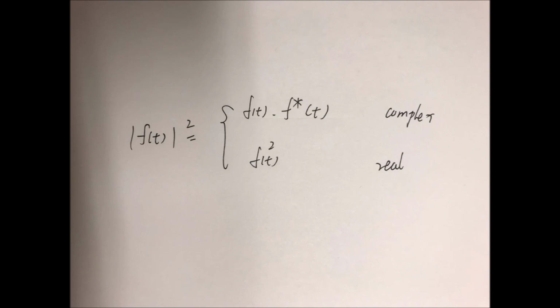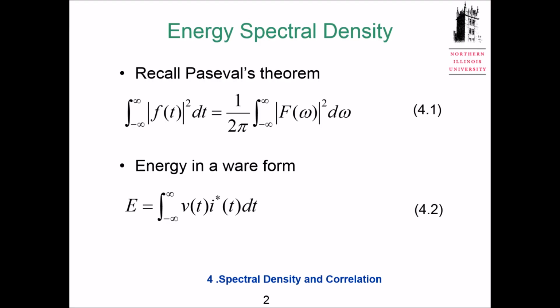If it's real, f(t)'s magnitude square is the same. So we write V(t) and I(t) conjugate to cover both cases. If my current is real, it is just V(t) times I(t).